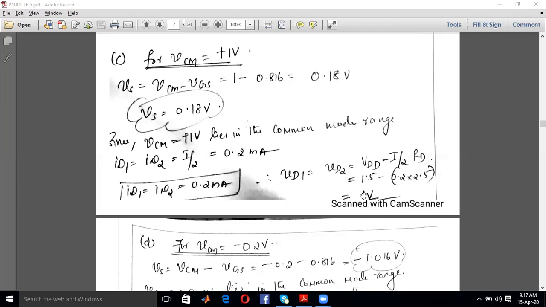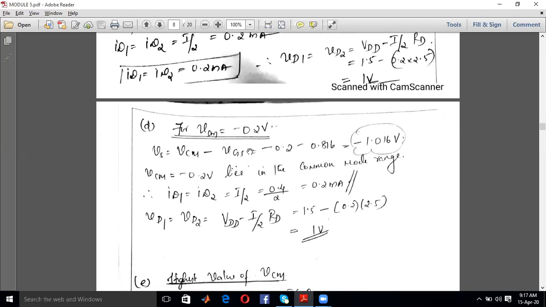So the output voltage is remaining the same, because you are giving the input within that common mode range itself. It is not going out of that particular range, but you are expecting some changes in the source voltage, because that depends upon the input. So Vs is VCM minus VGS. As VCM keeps on changing, you are going to face some changes in source voltage.